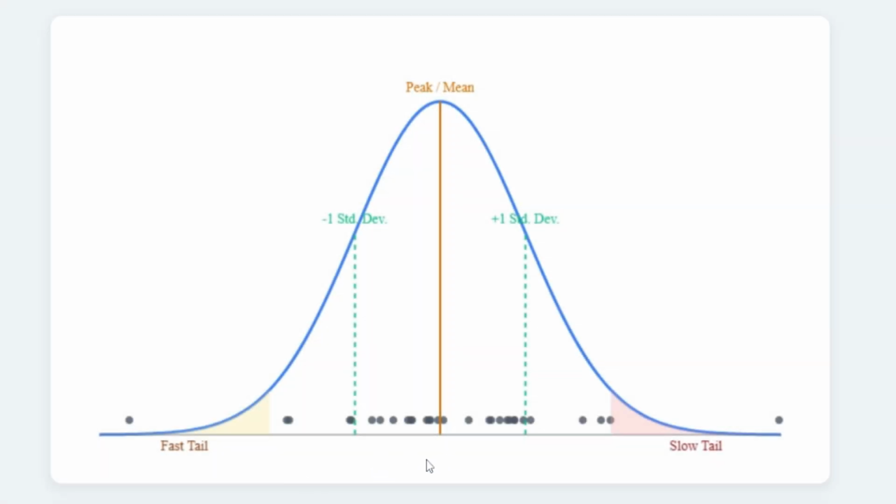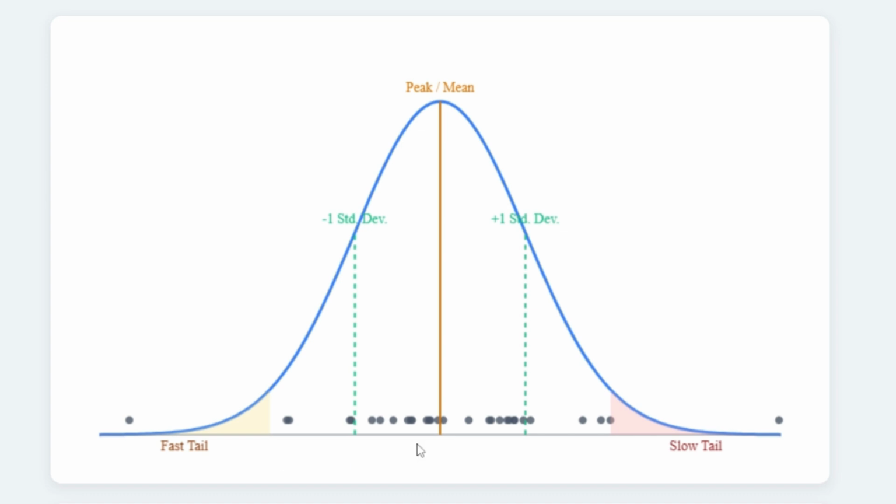On this bell curve, I've plotted a dog's past race times with these grey dots. Notice how most dots are all grouped around the centre of the curve, around the dog's mean or average time. As you move out to more the extreme edges of the curve, so the fast tail and the slow tail, notice how there's fewer dots or times the dog's achieved.